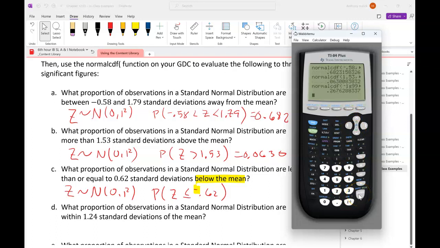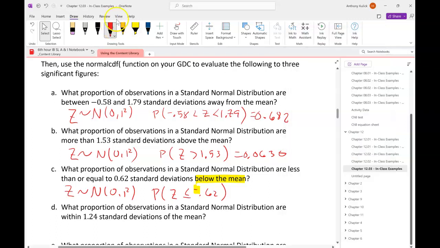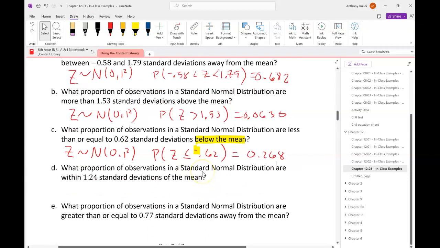So I get 0.268. Is everybody okay with the extra little piece of, yeah, I just got to be careful.